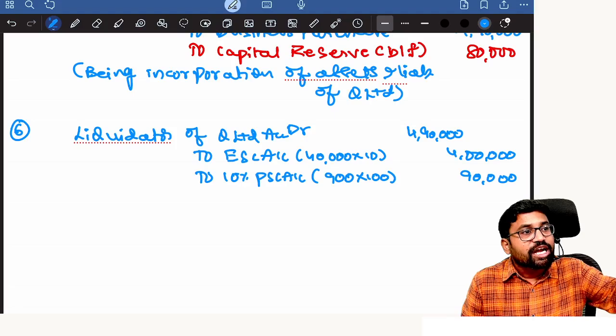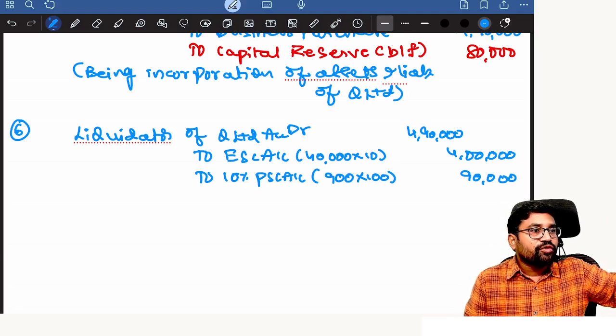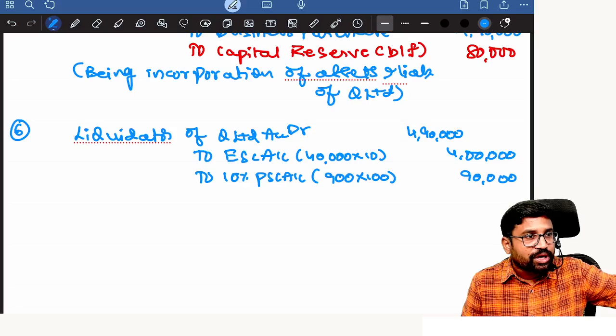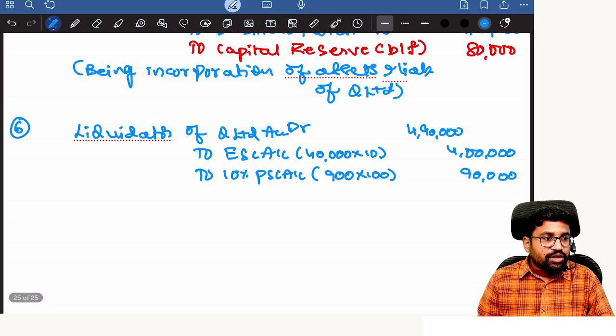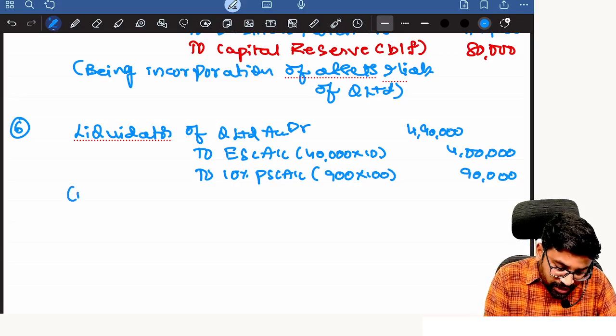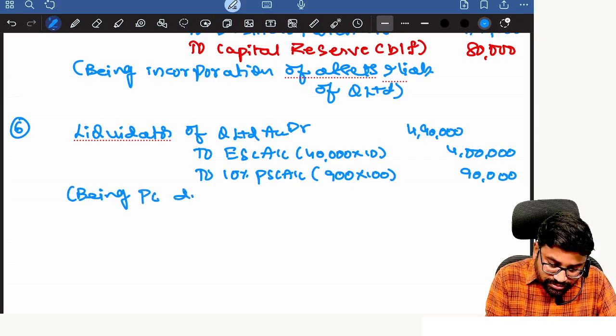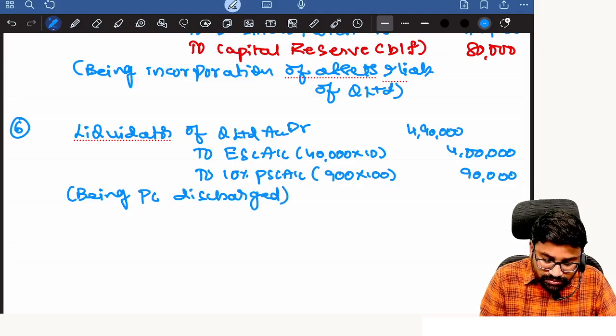Preference shares also at par only. So when you issue shares at par, premium will not be created. That is the logic here. So liquidator of Q Limited account debit to equity share capital and 10% preference share capital. Being PC discharged.